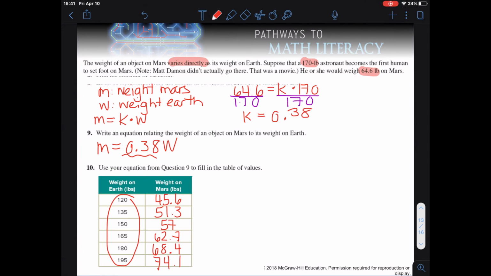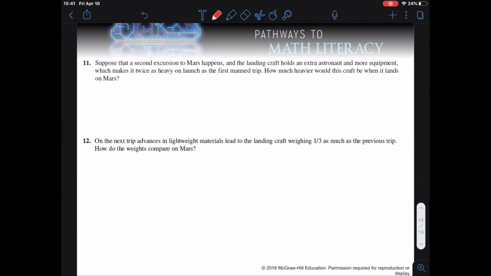Okay? So now we can answer some questions conceptually about this. Suppose in a second excursion to Mars, the landing craft holds an extra astronaut with more equipment, which makes it twice as heavy on launch than the first manned trip. How much heavier would this craft be when it actually lands on Mars?